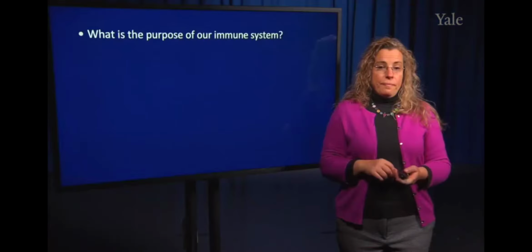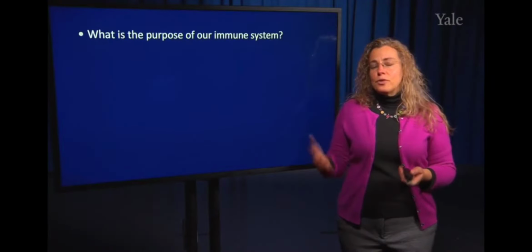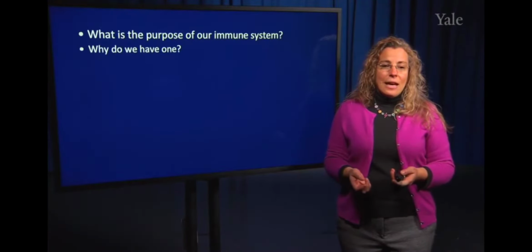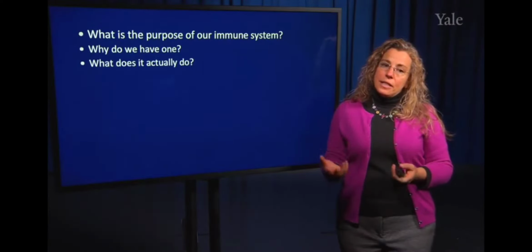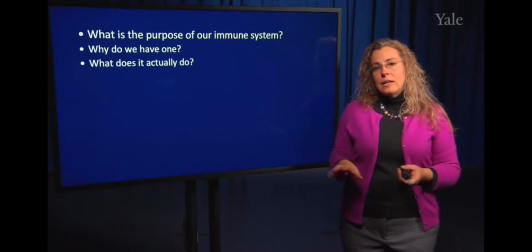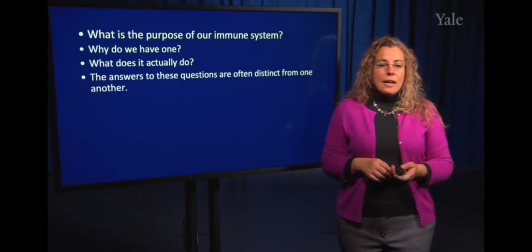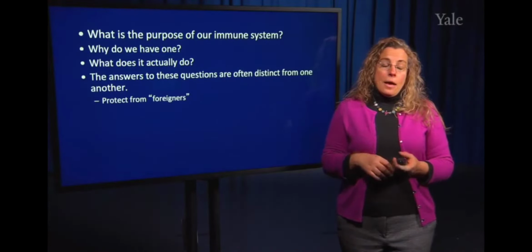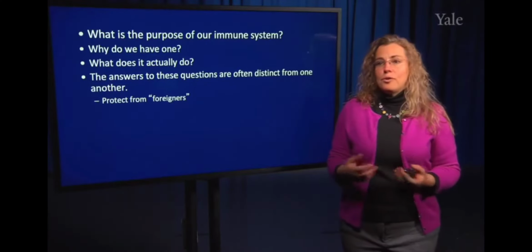So, what's the purpose of our immune system? There are two ways to think about this: why do we have an immune system, and what does it actually do? Sometimes those answers are different, and as you study immunology, you have to keep those two things in mind. We have an immune system to protect us from foreigners, you could call it.